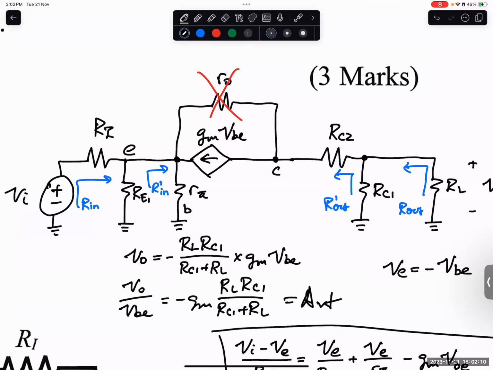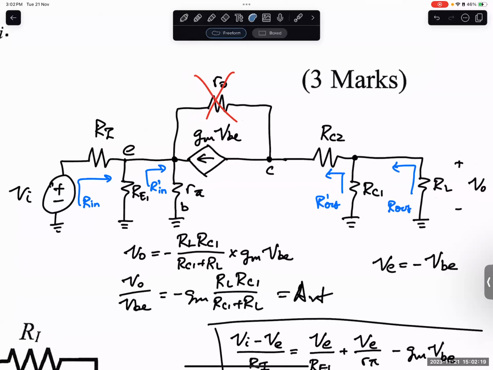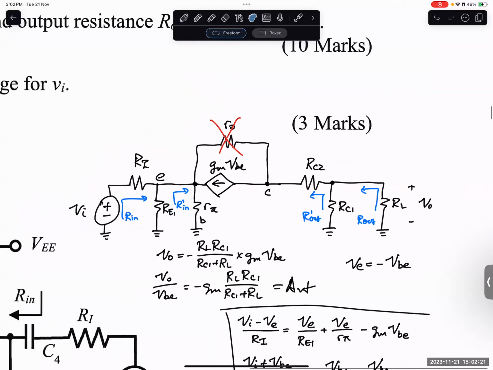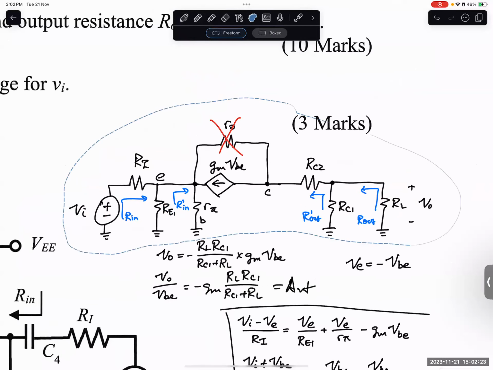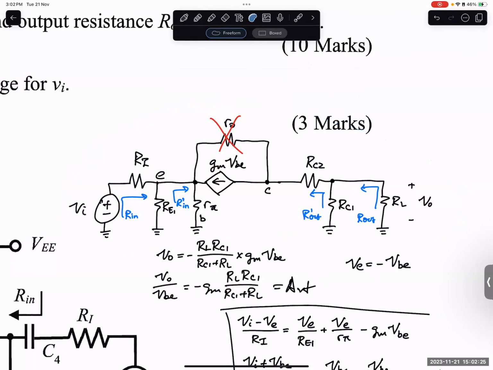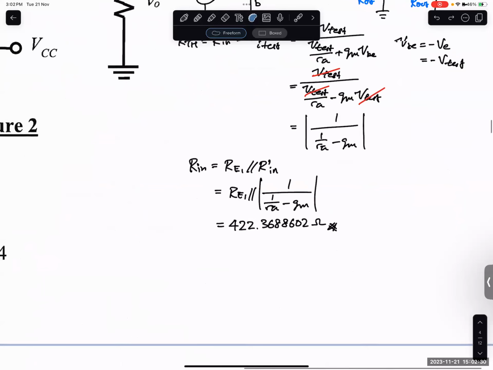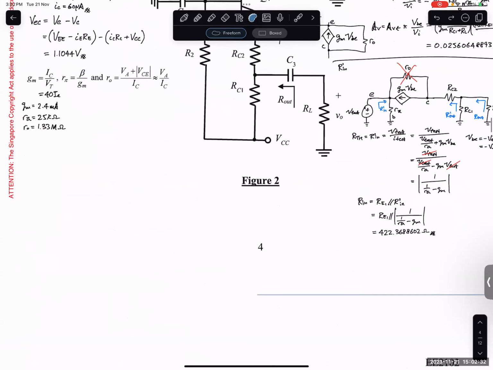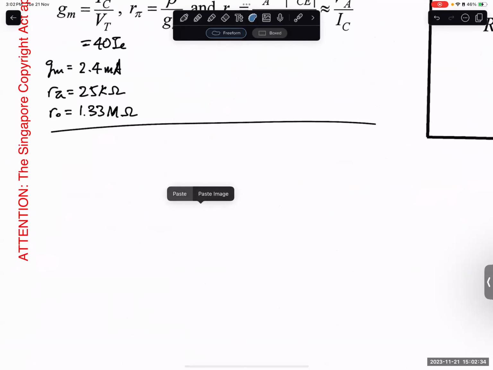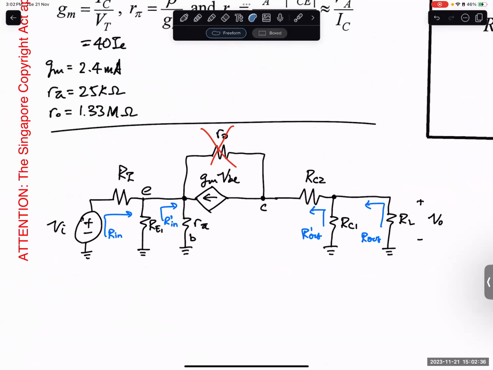GMVBE plus 1 times R naught. So now for calculating R out, do we need to include R naught? Yeah. Maybe. Yes, so cannot ignore.